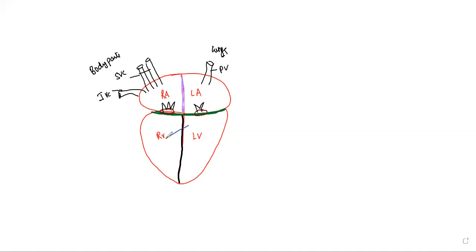Next, the right ventricle pumps the blood to the lungs with the help of the pulmonary aorta. Next, the left ventricle pumps the blood to the body parts with the help of the left systemic aorta. These are the things we saw in the previous class about the heart.